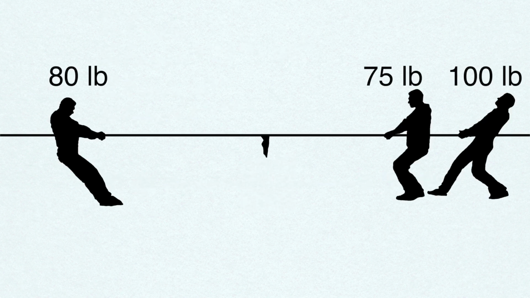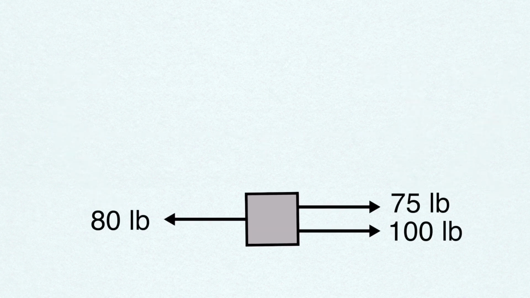Here's another example. Here you have someone pulling 80 pounds of force to the left, and on the other side you have one person pulling 100 pounds of force and another person pulling 75 pounds of force. This is what the free body diagram would look like here. Notice how you have more than one force acting together on one side.